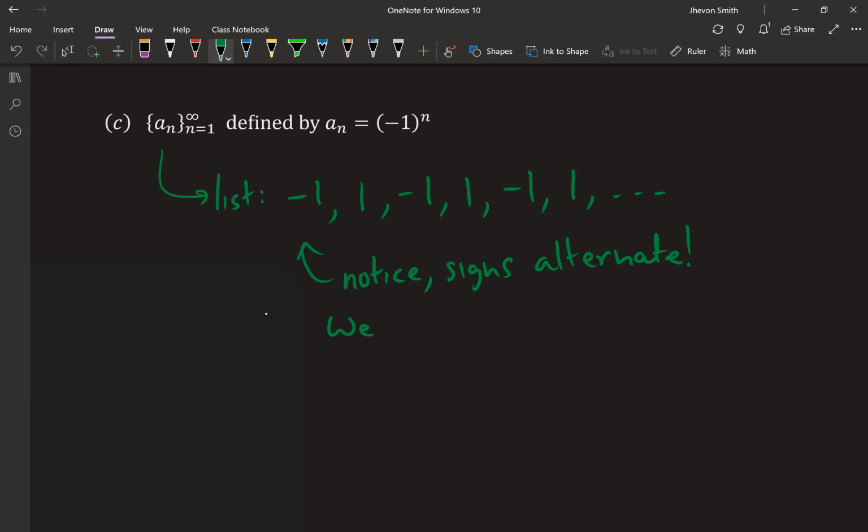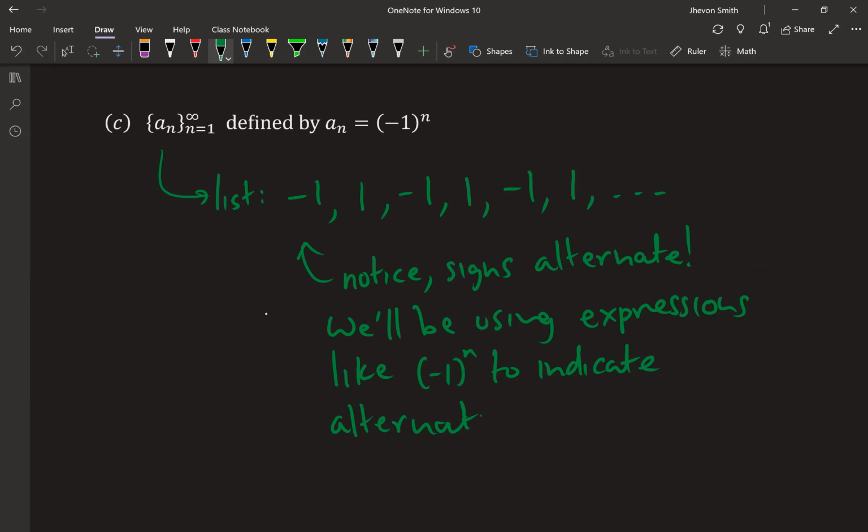We'll be using expressions like this in the future to indicate alternating signs. Okay. So that's what that behaves like.